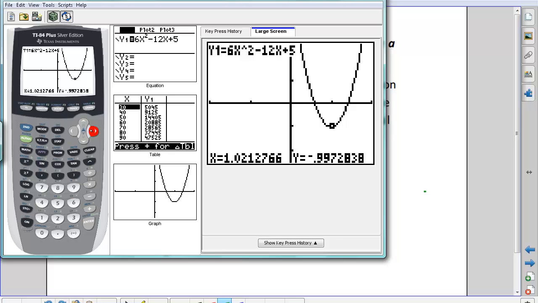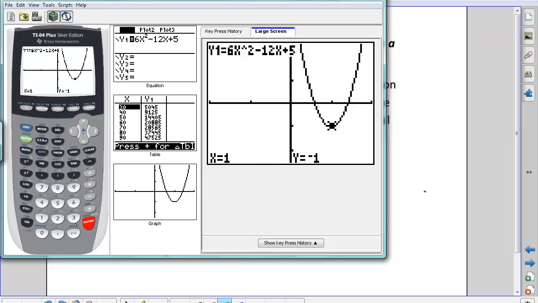We want to see how low the y value can get. And I'd say that y value, -0.997, has an x value of 1. If we go to the left a little bit, 0.97 still has that same y value. So I'm going to say that minimum is somewhere around an x value of 1.